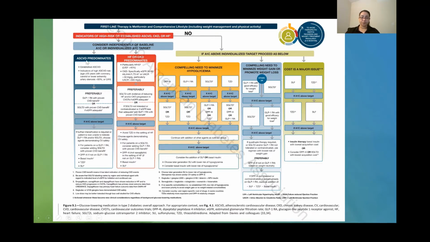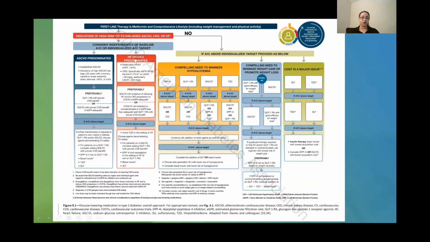Say for patients with atherosclerotic cardiovascular disease, glucagon-like peptide 1 receptor antagonists or SGLT2s are the ones that are preferred.